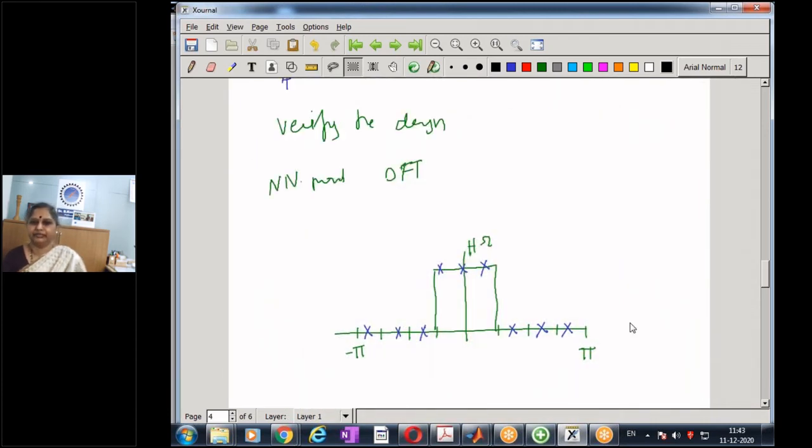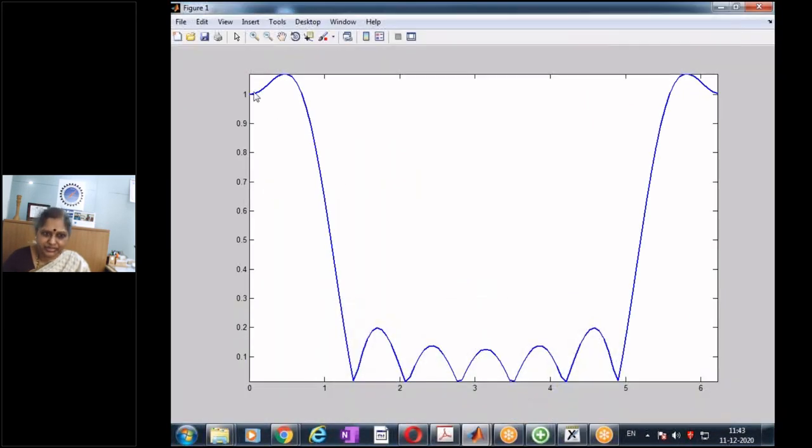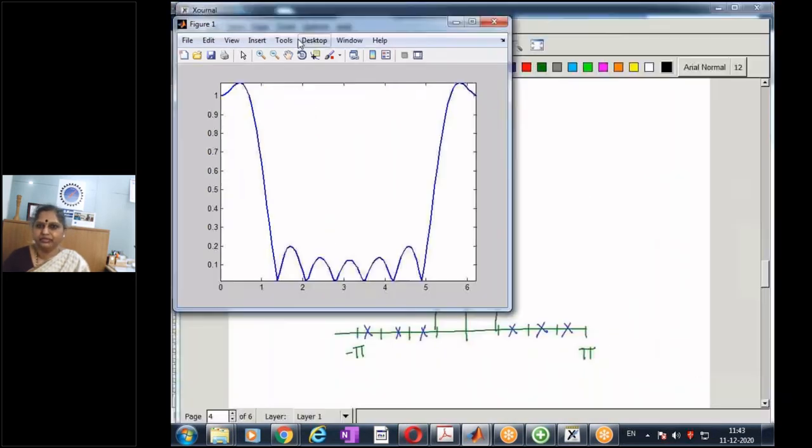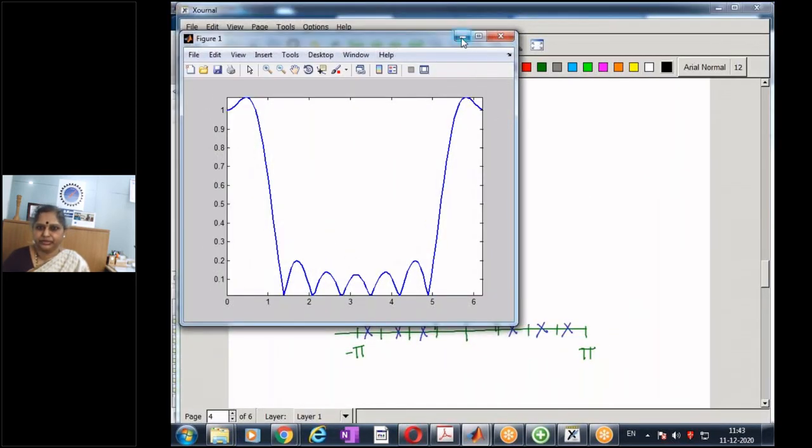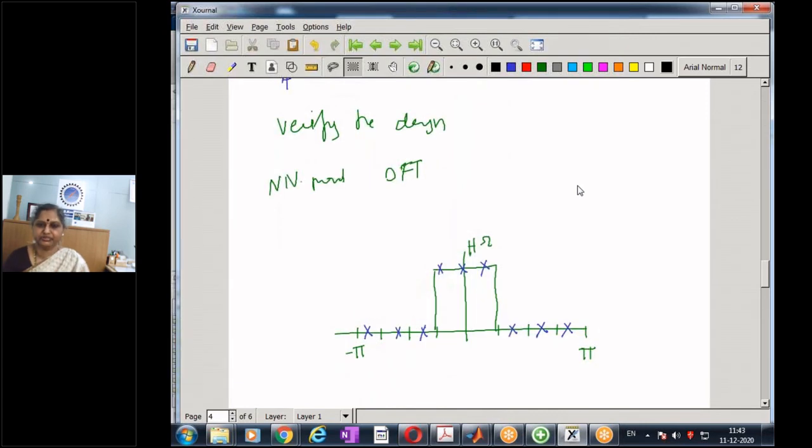So this is what I have. Let's look at our frequency response. It's at 0, it goes to a peak and it comes down. Now I superimpose the frequency response of my designed filter over what we had taken.